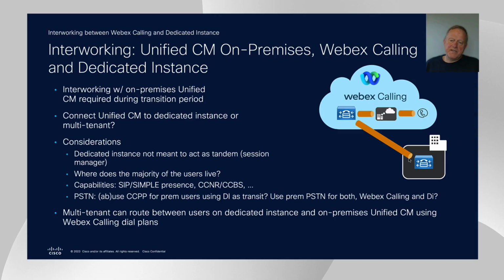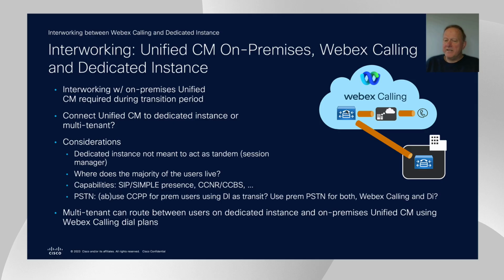With this single trunk between Communications Manager on premises and Webex Calling Dedicated Instance, what you basically build is a topology where all calls from on-premises users to Webex Calling users would traverse through Webex Calling Dedicated Instance.